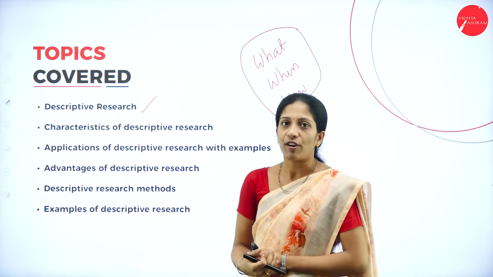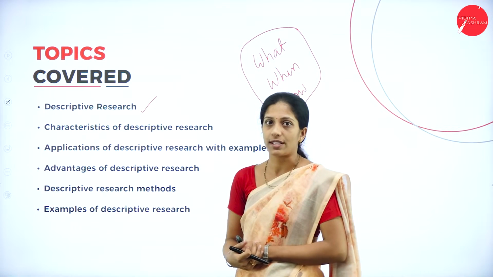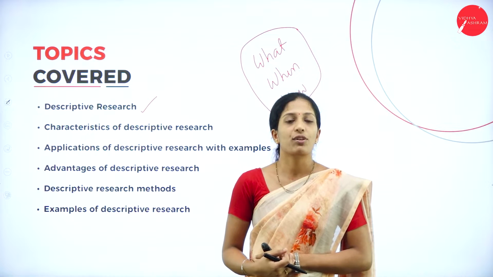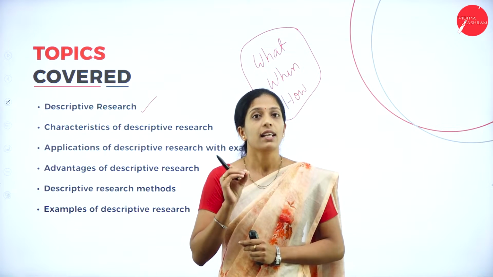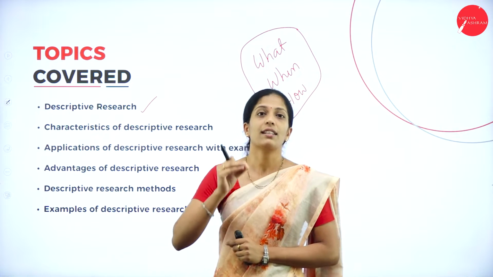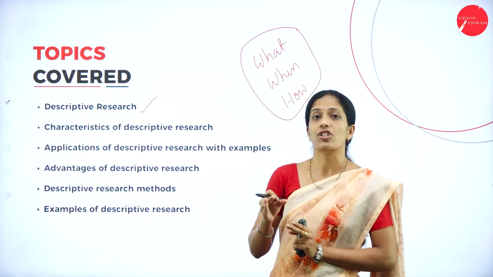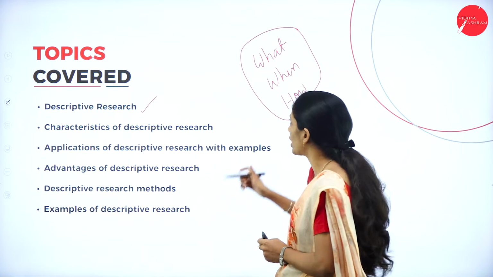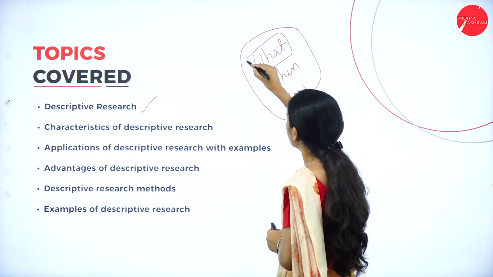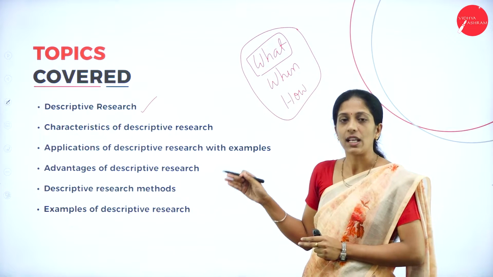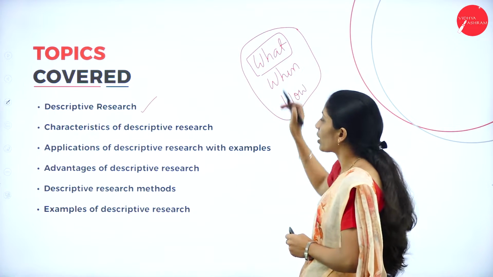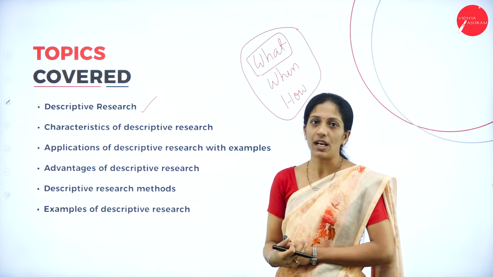Next, the second type of research is descriptive research. What do you mean by descriptive research? Here the researcher will describe the problem, and the researcher has to give more importance to the concept of what, rather than why, how and when. He gives importance to what, because he is going to describe the problem.